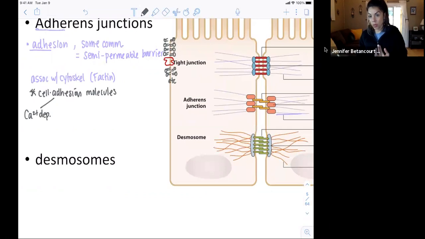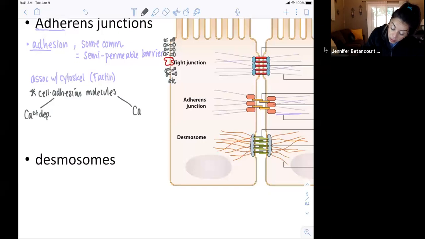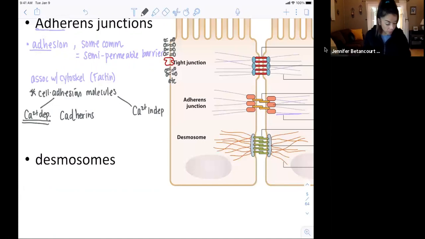Some of the adhesion molecules, and thus some of the junctions, are independent of calcium, so we call them calcium independent cell adhesion molecules. The ones that are dependent on calcium, we put in a family of proteins called cadherins. Ca for calcium, D for dependent, herins for I don't know, okay?